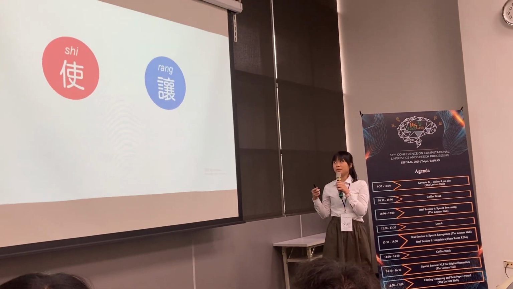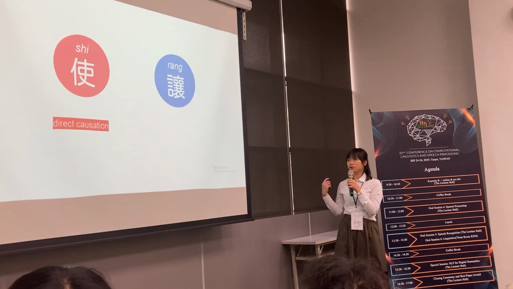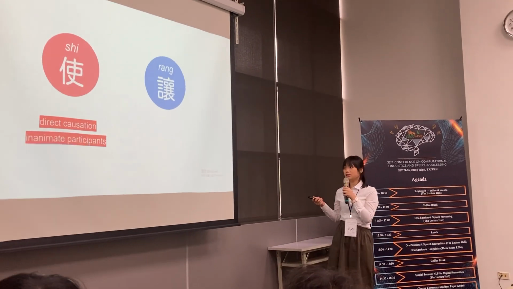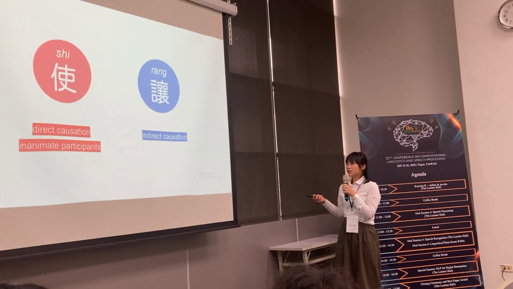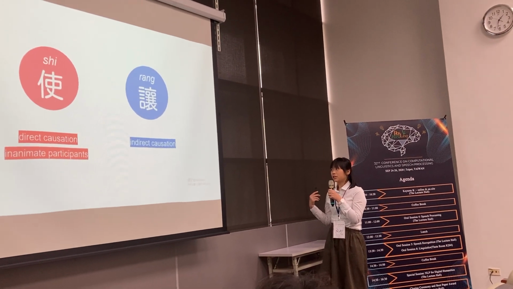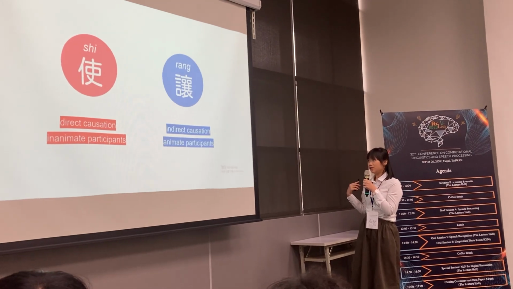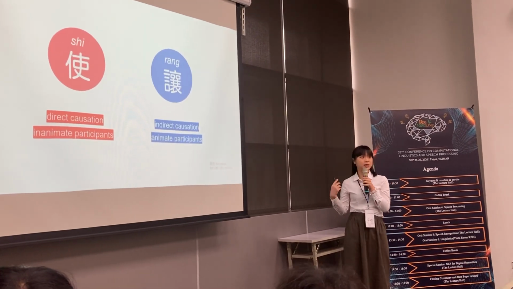So we assume that 使 is often used in direct causation, for it often involves inanimate participants, and 让 is often used in indirect causation, for it often deals with animate participants.